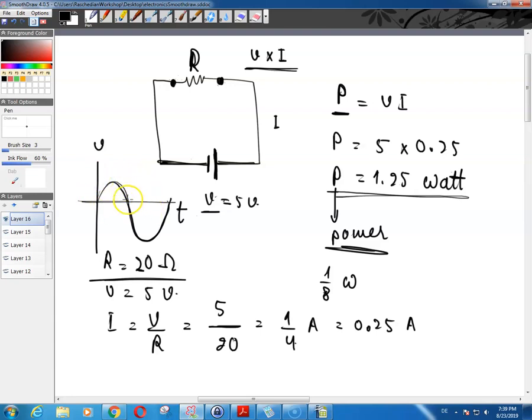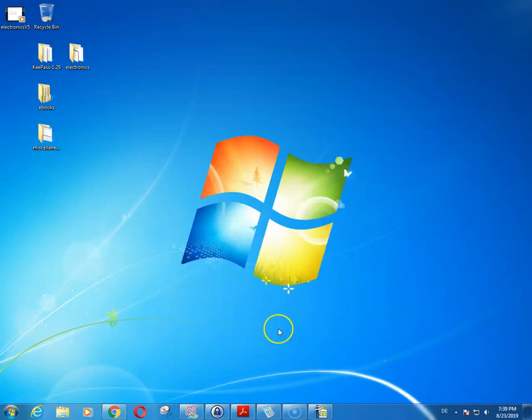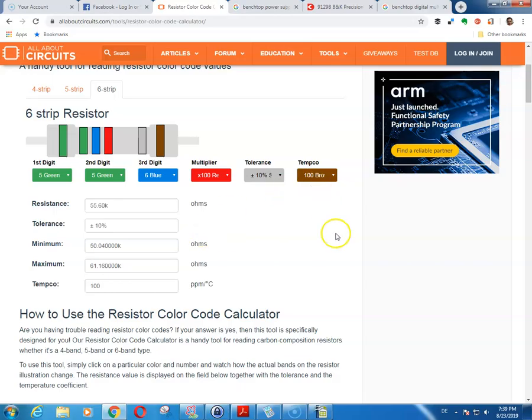For this kind of purpose, one way that you can solve this problem is to use the kind of resistor whose behavior you can anticipate.